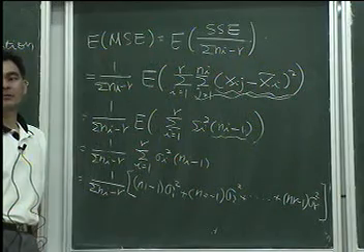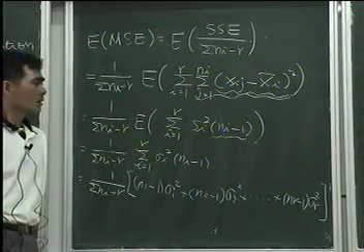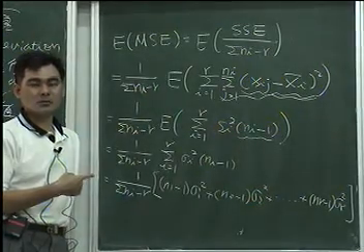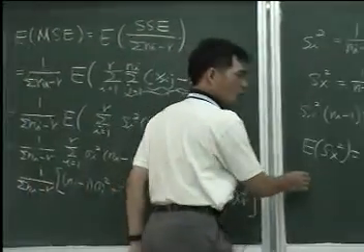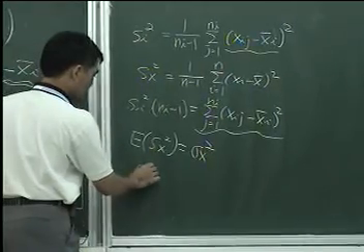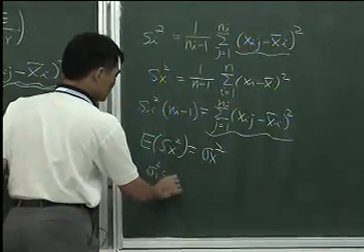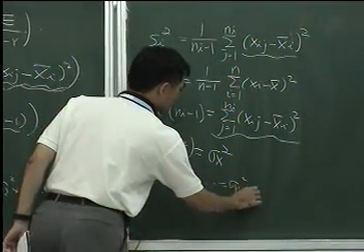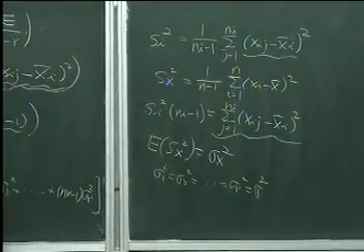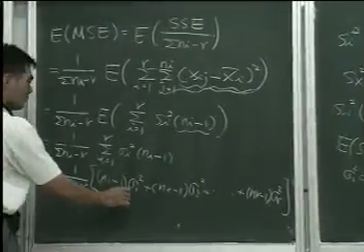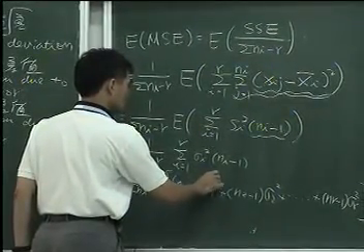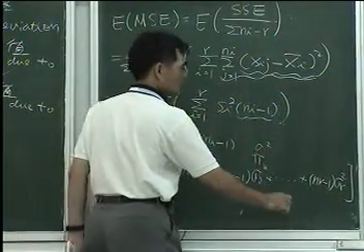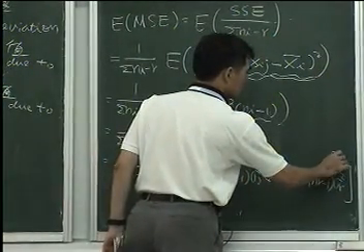Any questions so far? And when we do ANOVA, remember we have an assumption. What's the assumption? Homogeneous variance, right? So sigma 1 squared is equal to sigma 2 squared is equal to sigma R squared is equal to sigma squared, right? So actually this one will be sigma squared, this one will be sigma squared, and this one also will be sigma squared.